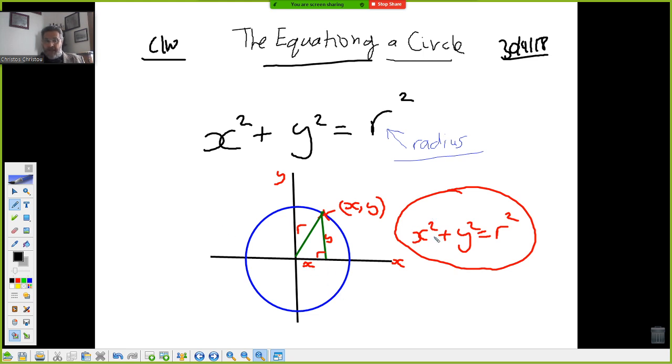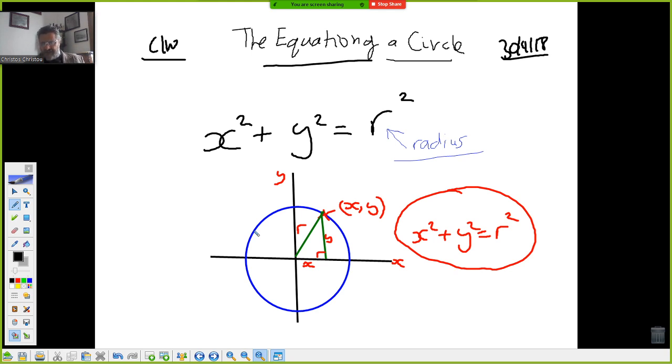X squared plus y squared makes radius squared. That's why it links to Pythagoras, because once you create a triangle within the circle, if you know the coordinate that you're drawing the radius to, you just do straightforward grade 4 Pythagoras and you've got the equation of a circle.